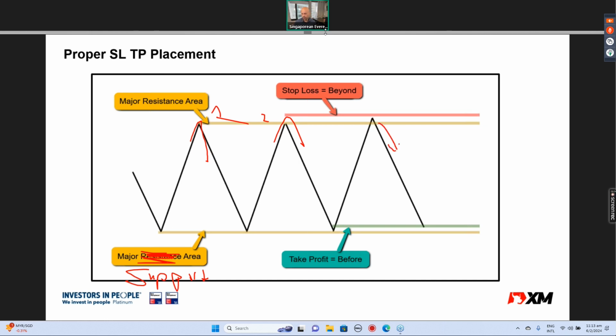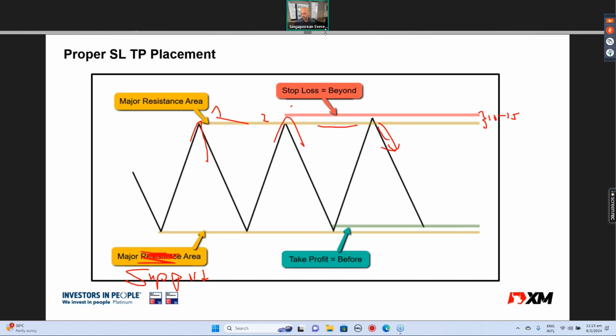So we've decided to go short at the major resistance, but because sometimes price may go beyond the major resistance, we don't put our stop loss at exactly the resistance level. We need to give ourselves at least a 10 to 15 pip buffer for the stop loss. So we should ideally place the stop loss about 10 to 15 pips above the major resistance area or above the sell entry to give ourselves that little bit of buffer.